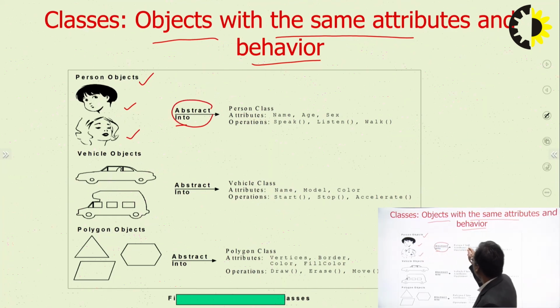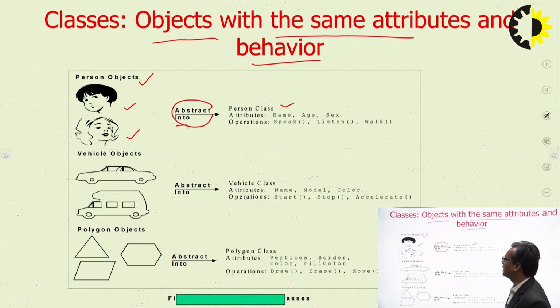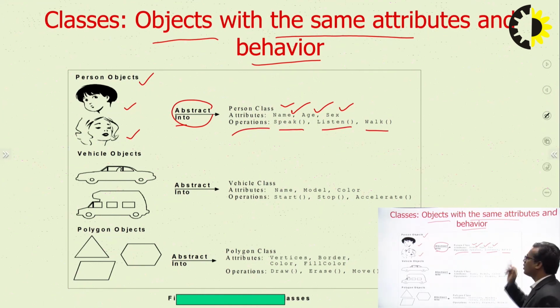Abstract into a person class, they may have attributes like name, age and sex. Operations like they can speak, listen, and walk. These are the behavior or operations of the person class.